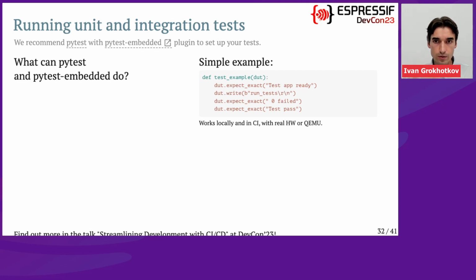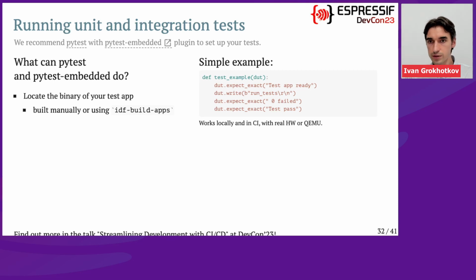PyTest Embedded runs on the host PC, and it controls the test application that runs on the embedded device or inside the emulator. PyTest Embedded can find the applications that have been built, for example, manually or using IDF Build Apps. It can flash the application to the device over a serial port or JTAG.